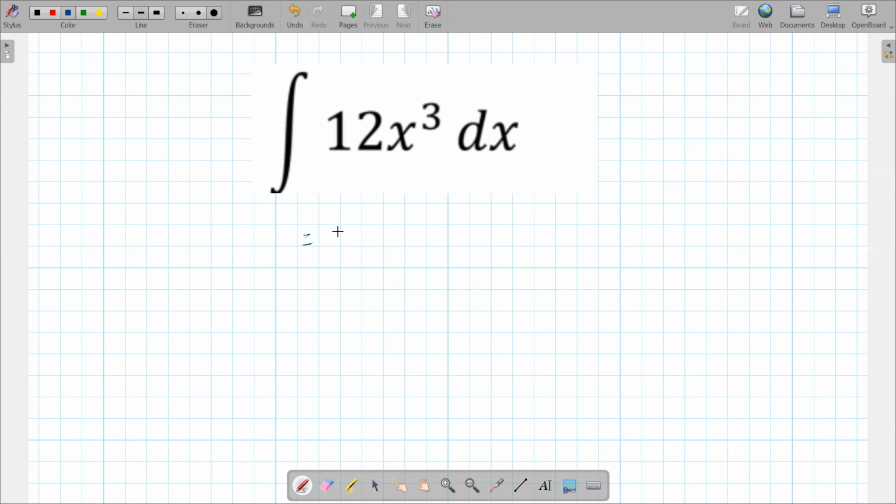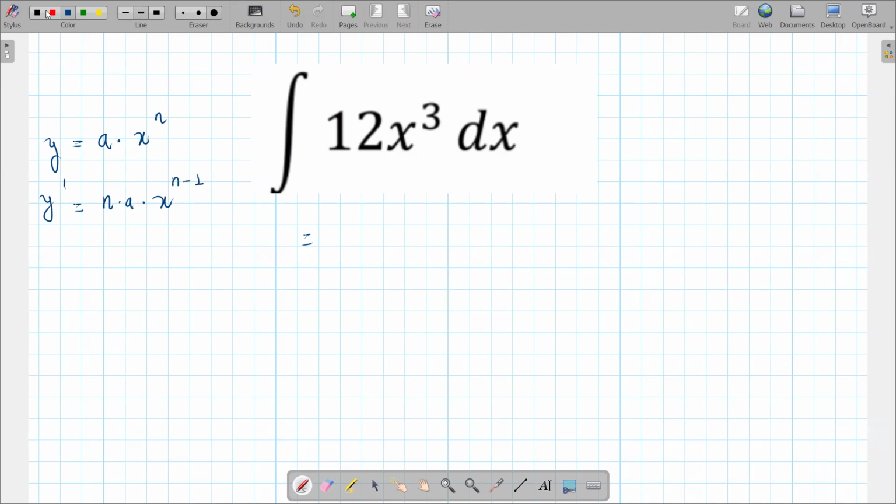It's always going to be 1 power higher. Yeah, remember this. If you have a times x to the power of n, as your y, the y prime will be n times a times x to the power of n minus 1. You see that?